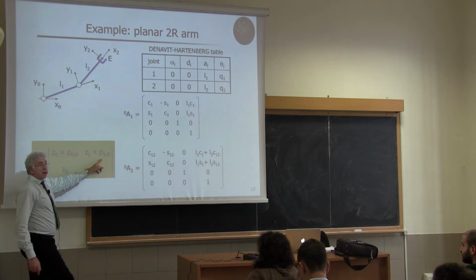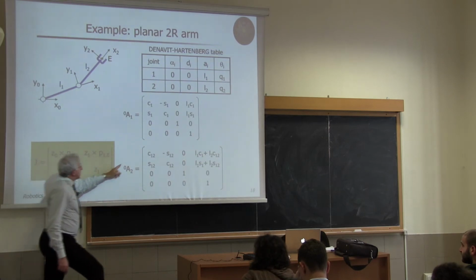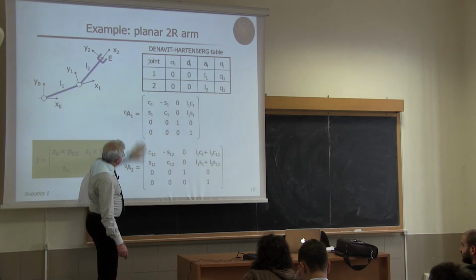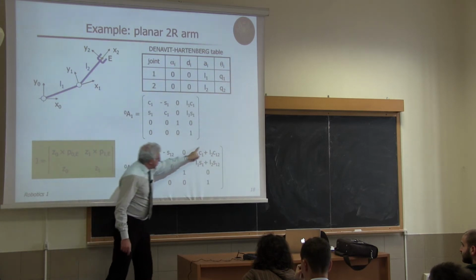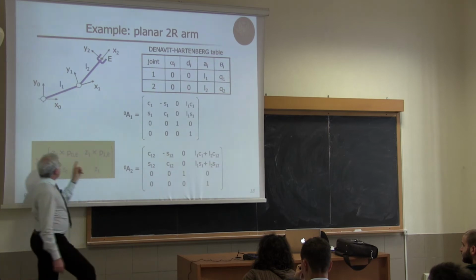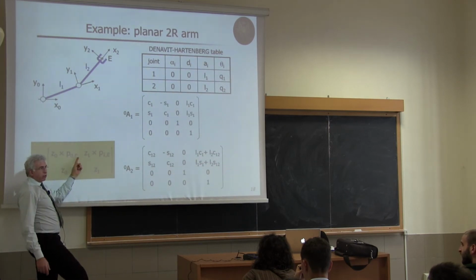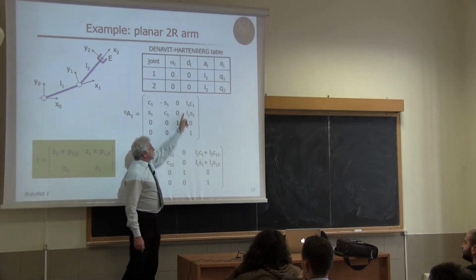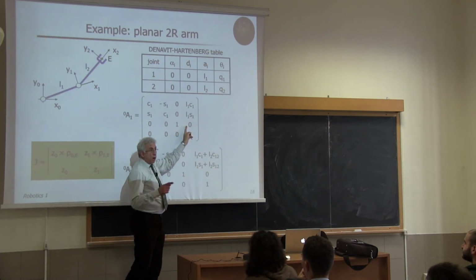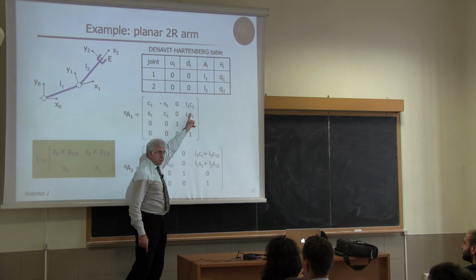So you see that p_0E, I should do the product of this and then take the last column. While p_1E is different, okay, sorry. I've already done the product here. So here I read p_02 or p_0E, and then this is p_01, so p_1E is the difference between this and this.